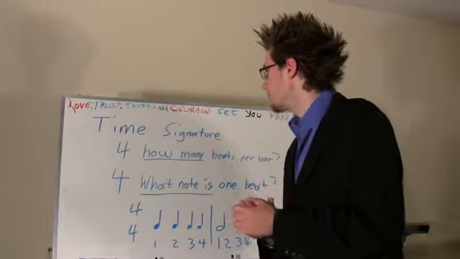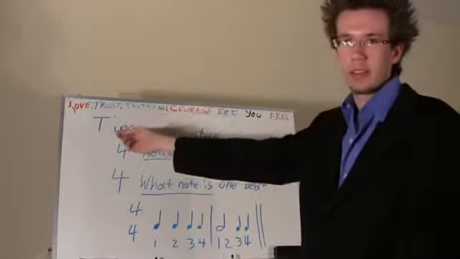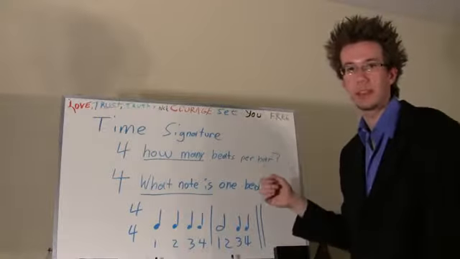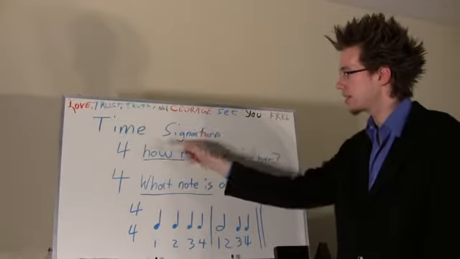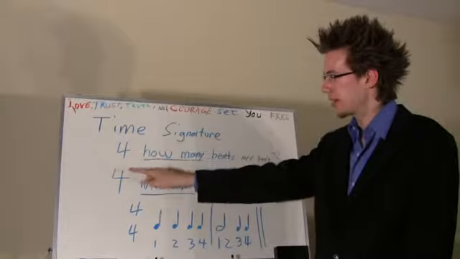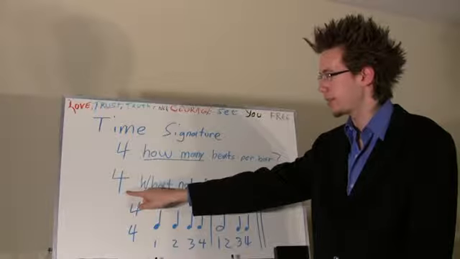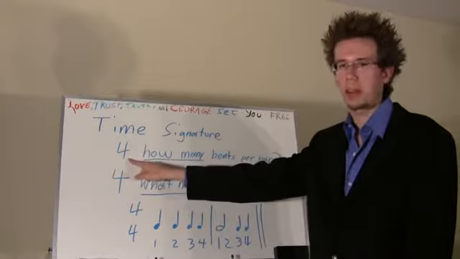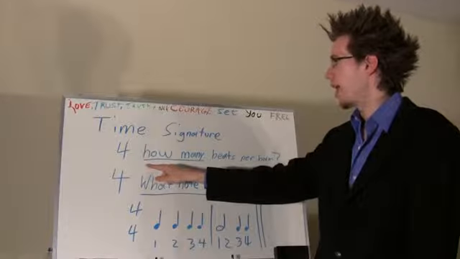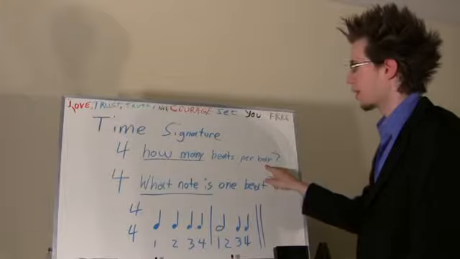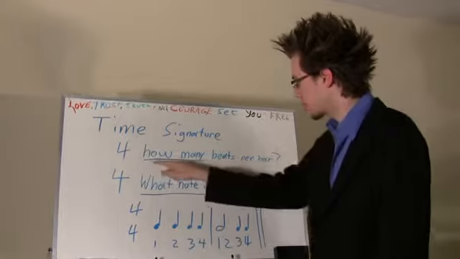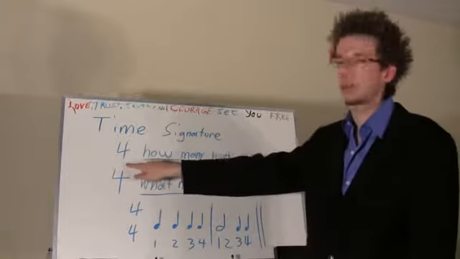Okay, so a time signature, as you can see right here, hopefully, looks like this. It says time signature, and we have a top number and a bottom number. The top number, I want you guys to ask yourself this question: how many beats per bar? If you can ask yourself this question, the answer is right in front of you.